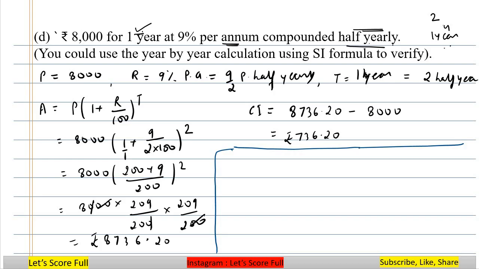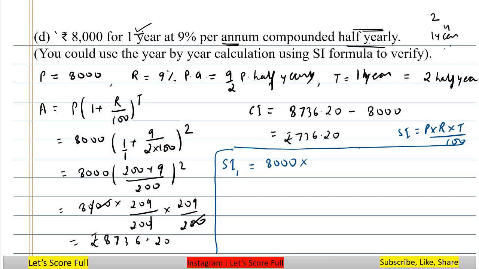It says you could use the year by year calculation using simple interest formula to verify. So simple interest for first compounding period, how much is it? Simple interest formula is, we remember, principal rate time upon 100, right?